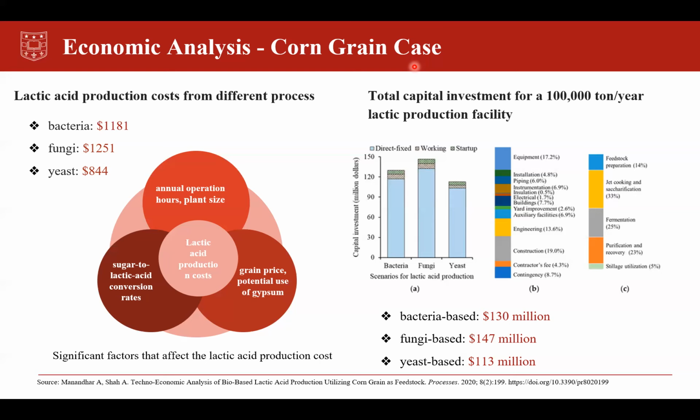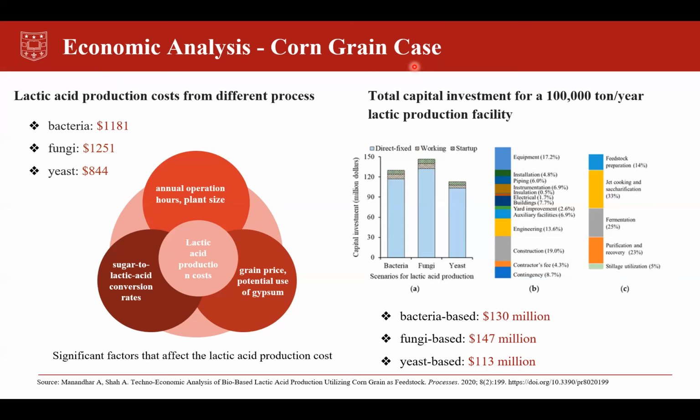It will increase the capital investment cost, and the yeast-based pathway requires lower working capital due to the reduced chemicals, utilities, and labor requirements because of the lack of lactic acid neutralization and recovery steps.